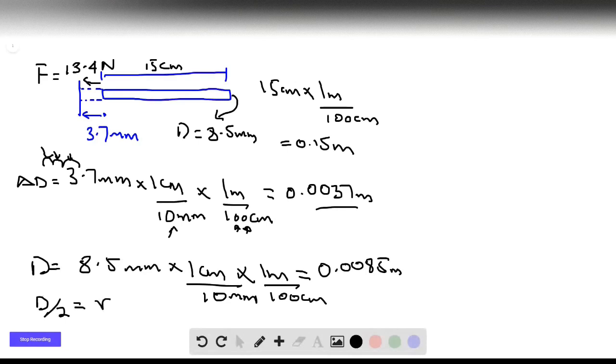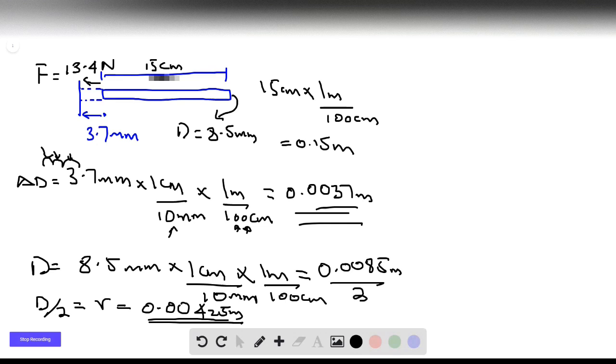If we divide this by 2, we end up getting the radius being equivalent to 0.00425 meters. So these are convenient numbers that we're dealing with. It's going to be helpful in solving the problem. So that's the information we're given.